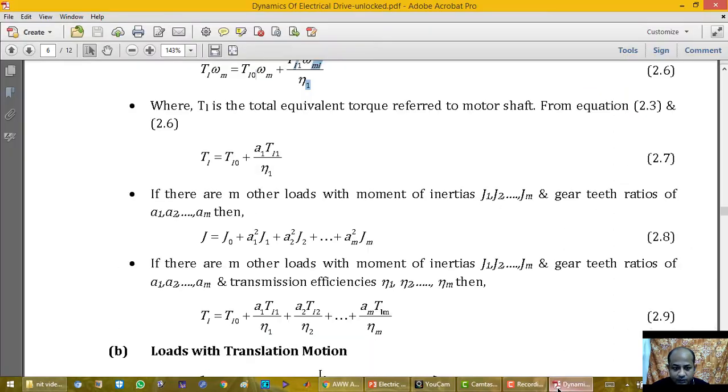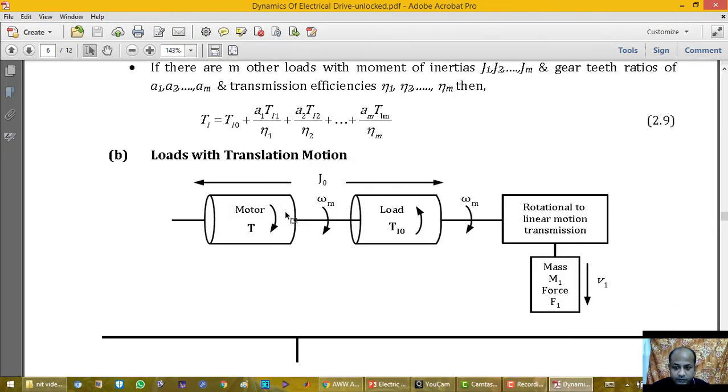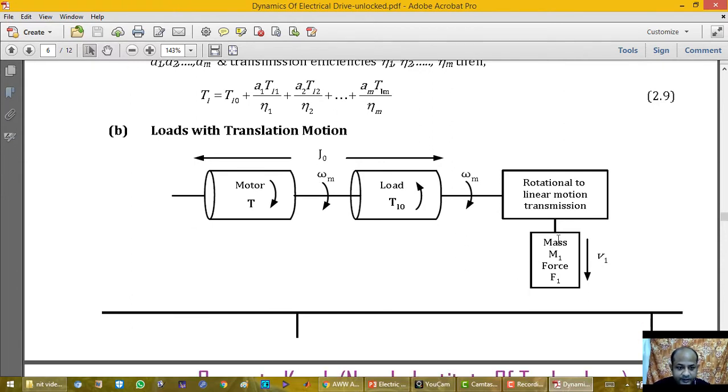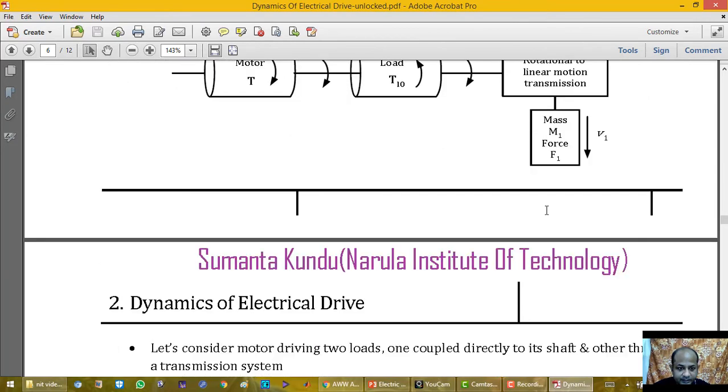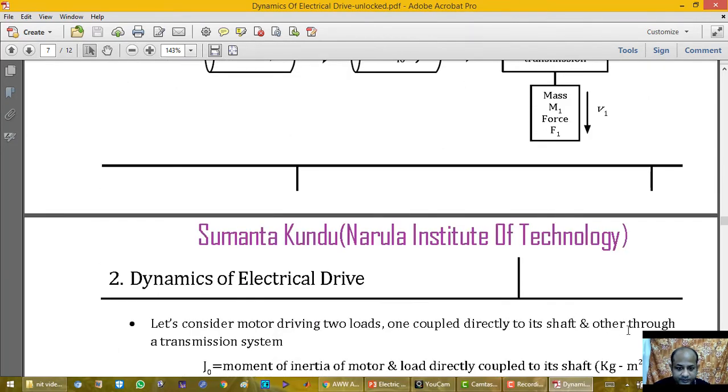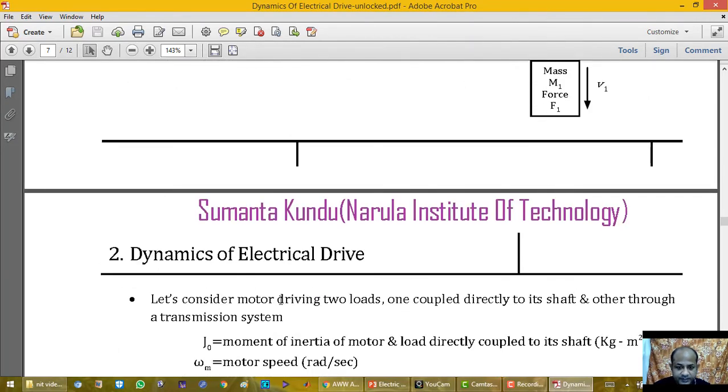load with translation motion. So this is the figure. This load is directly connected to the shaft, and this load is connected through some transmission system, and this transmission system is responsible for converting rotational motion into linear motion.